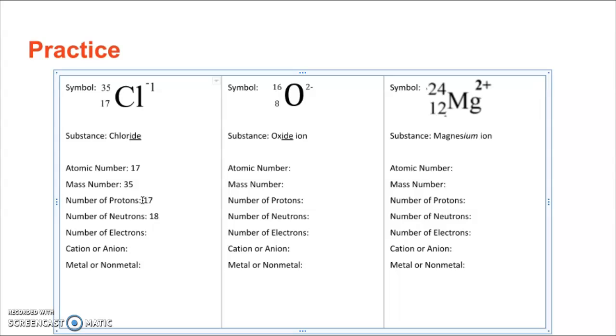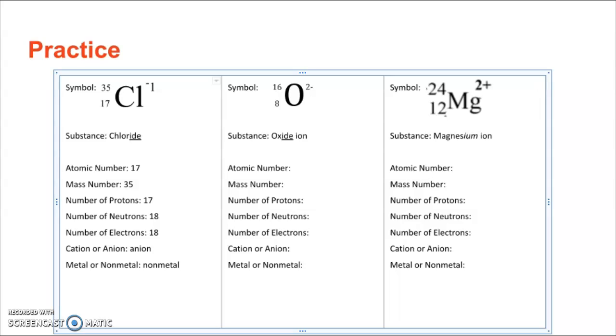So if I had 17 protons here, I'm going to have 18 electrons, because I should have 17 in neutral, but I have one extra. Based on the fact that I am negative, I'm going to be an anion. And I know that all anions are non-metals. So based on this information, what I want you to do right now is pause this video and fill out the oxygen and the magnesium ion chart.